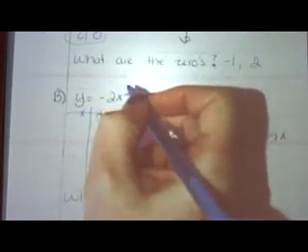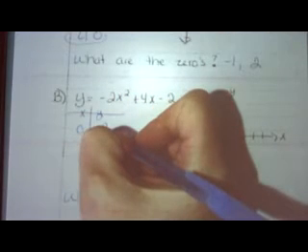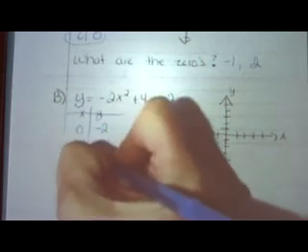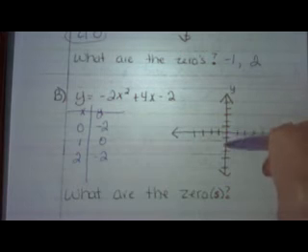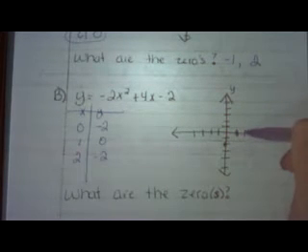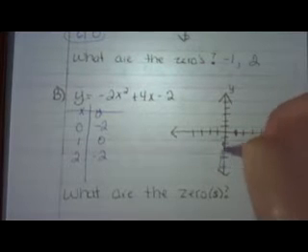I'm going to use the points, let's use 0, -2, 1, 0, 2, -2. If I graph 0, -2, 1, 0, and 2, -2, I can see that this parabola is going to look something like this.